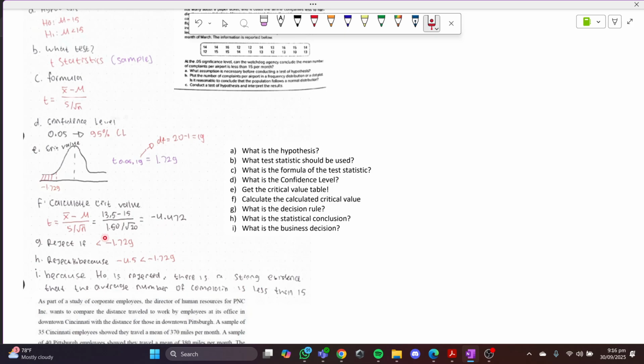And it's negative because it's on the left side. And now you just have to move this into here. Oh, sorry, for G, you reject when it is less than negative 1.729, and you reject because 4.472 is less than negative 1.729.